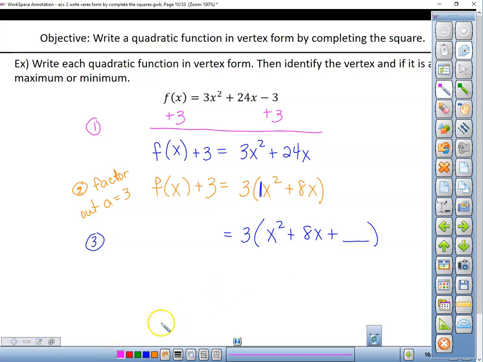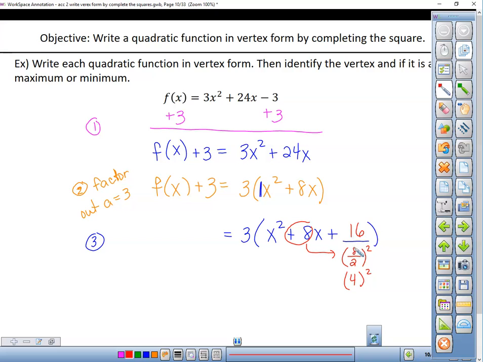And again, our procedure is to take our b value, which is this positive 8, divide that number by 2, and then square that number. So 8 divided by 2 is 4, and 4 squared is 16.